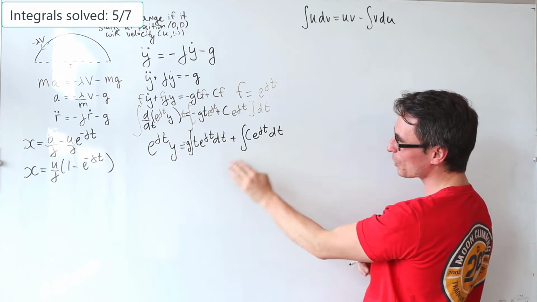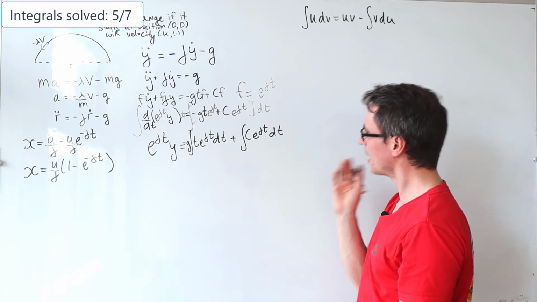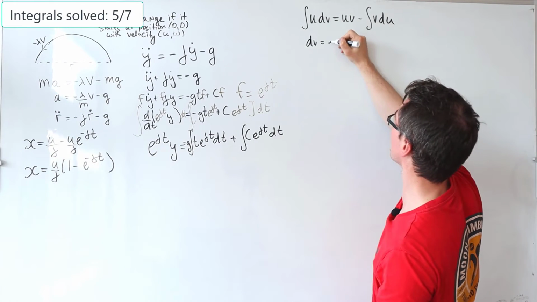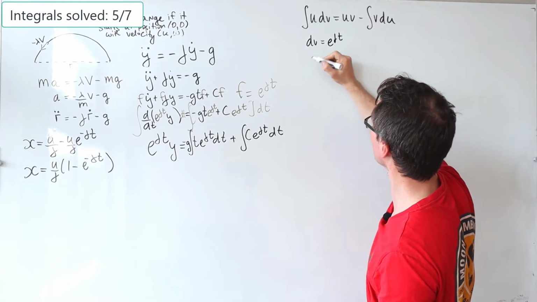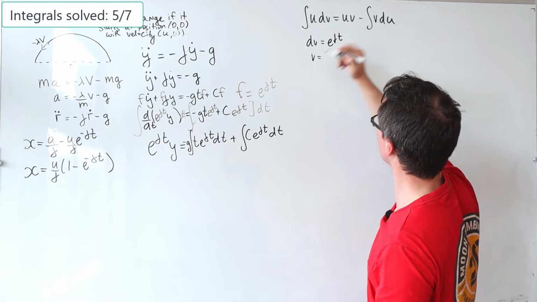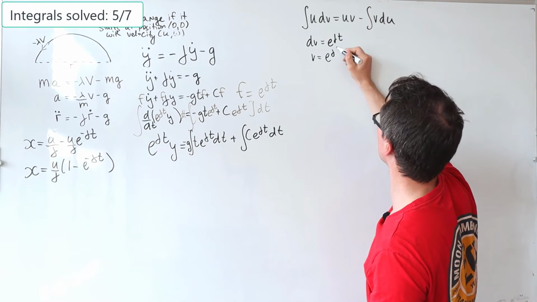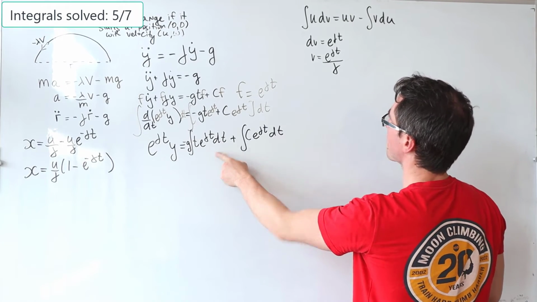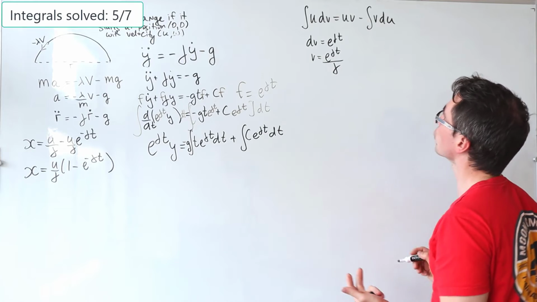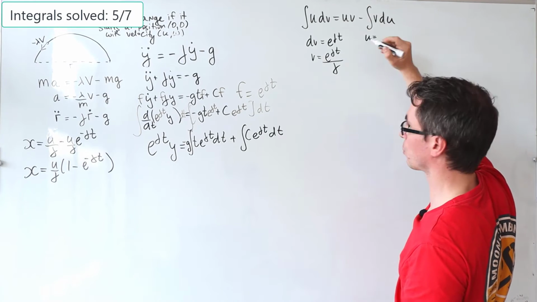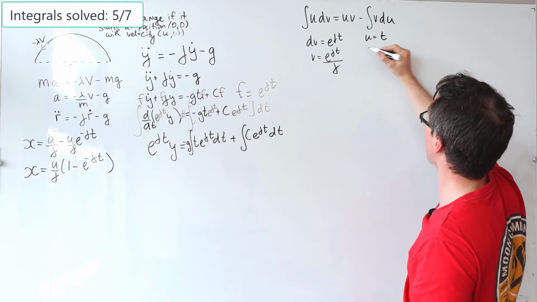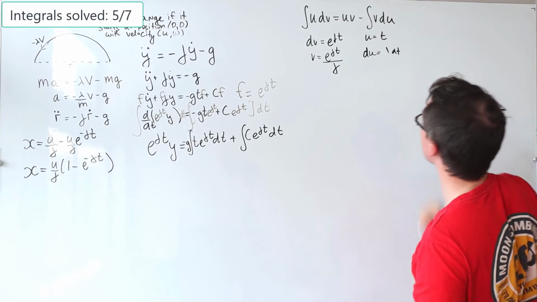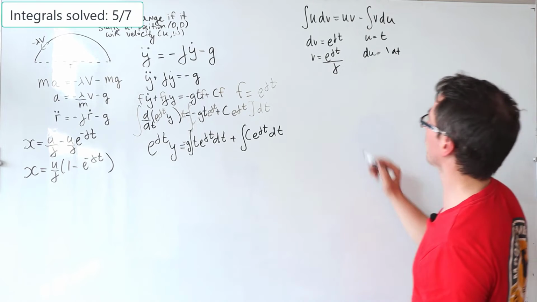And because I'm applying this rule to this integral, let's take dv to be e to the gamma t. Now this would mean that v will be the integral of that, which is going to be e to the gamma t divided by gamma. Okay, now we're going to take our u to be just t, which means that our du will just be 1, well, dt. Okay, we're ready to apply this rule.